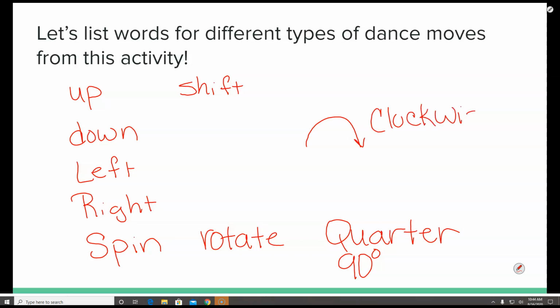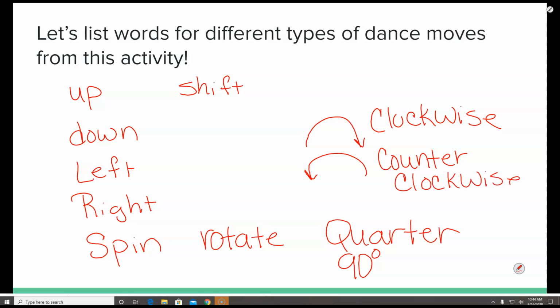Did it go clockwise? Or did it go the opposite direction? Counterclockwise. All these are good direction words that we always need to put in when we're talking about ways objects are moving, so we can be sure that we get everything.